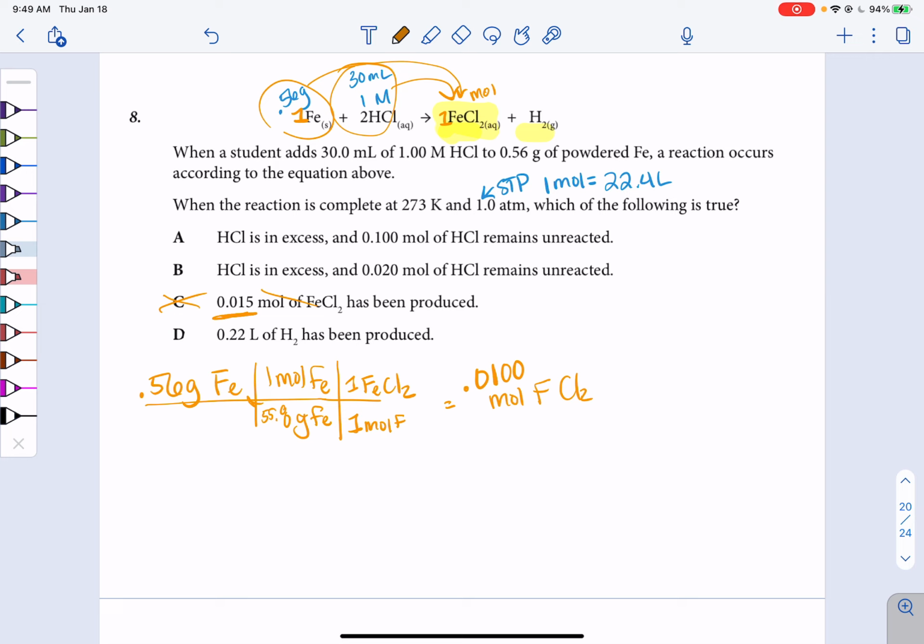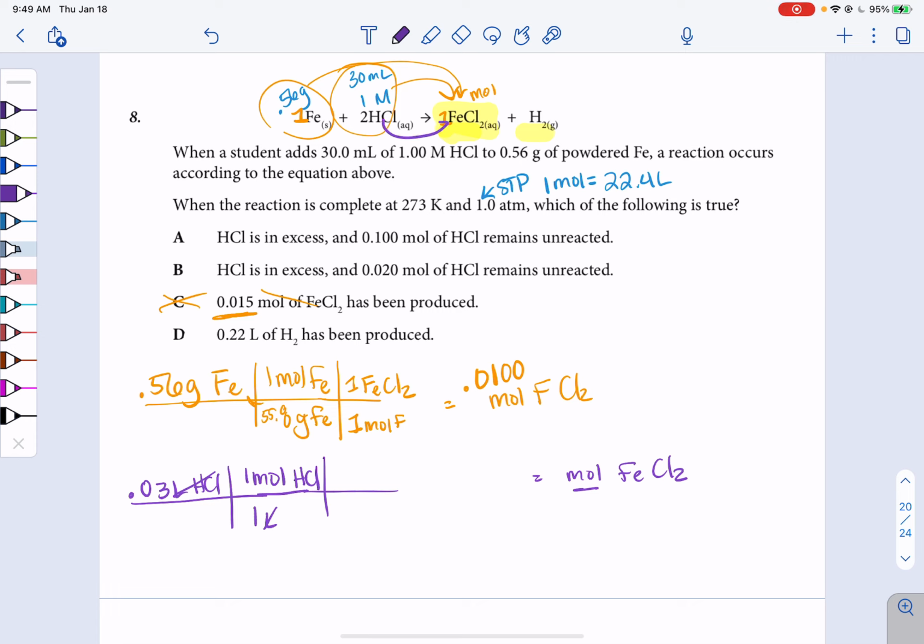Okay, let's solve using the hydrochloric. I'll switch to purple. For the hydrochloric, I want moles of iron chloride, which is a 1 unit. So I'm going to start with the 0.03 liters of hydrochloric and say 1 liter is equal to 1 mole according to the 1 molar. Now that I'm in moles of hydrochloric, that's when I can transfer over to moles of iron chloride. It takes 2 moles of hydrochloric to make 1 mole of iron chloride.